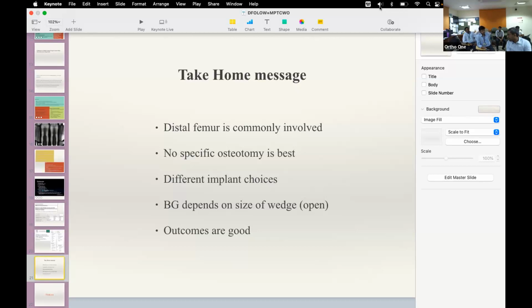Other articles which I found used anchors, screws, or just an adductor sleeve where you tie it around the adductor magnus tendon. All of that has been successful in pediatric cases. But the key point is that the fixation is distal to the physis.